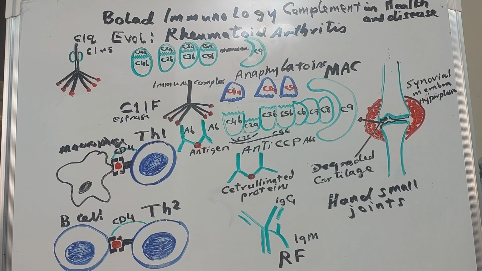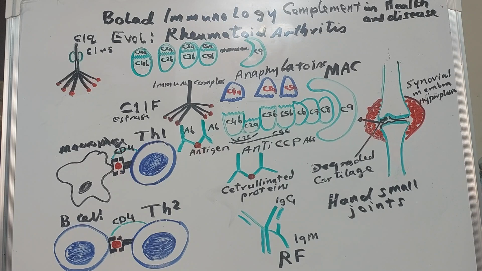As I mentioned, the complement system has the capacity to induce lysis by means of this membrane attack complex. This membrane attack complex removes phospholipids and leads to lysis or rupture of cells and bacteria and viruses.